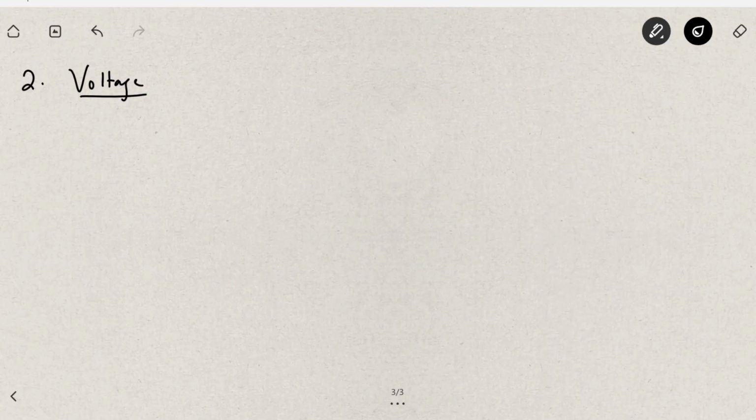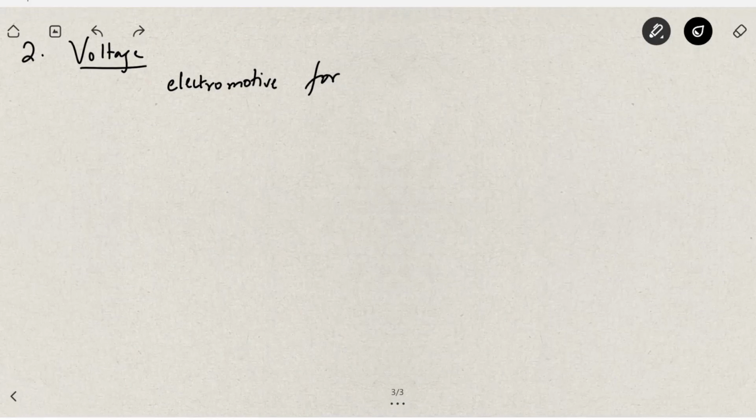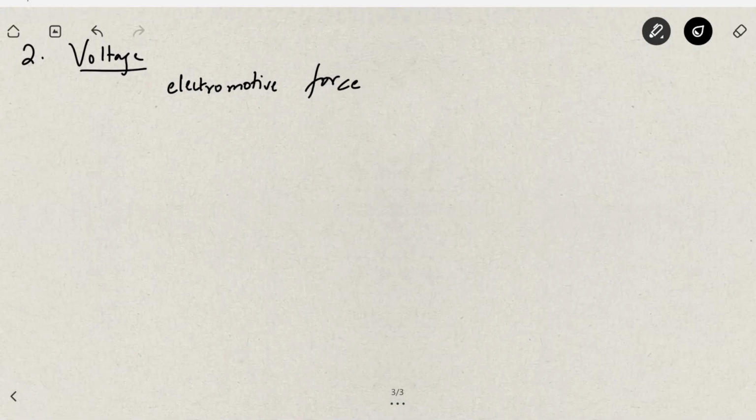So that is known as electromotive force. You are applying a certain force, that is known as electromotive force or EMF, to a charge.